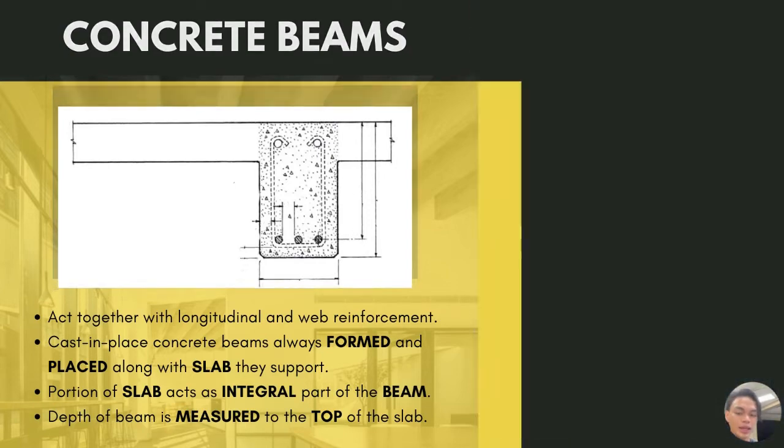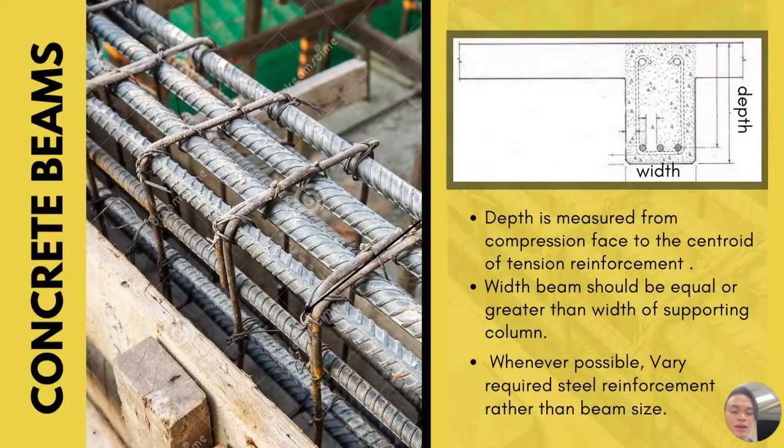Effective depth is measured from the compression face to the center of tension reinforcement. Beam width should be equal to or greater than the width of the supporting column. Whenever possible, vary the required steel reinforcement rather than the beam size.